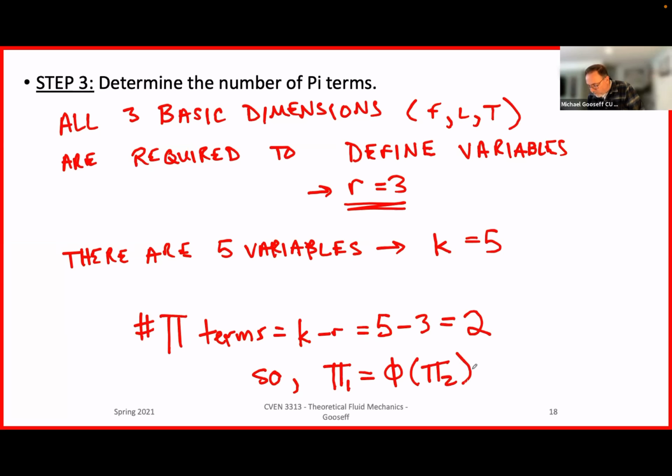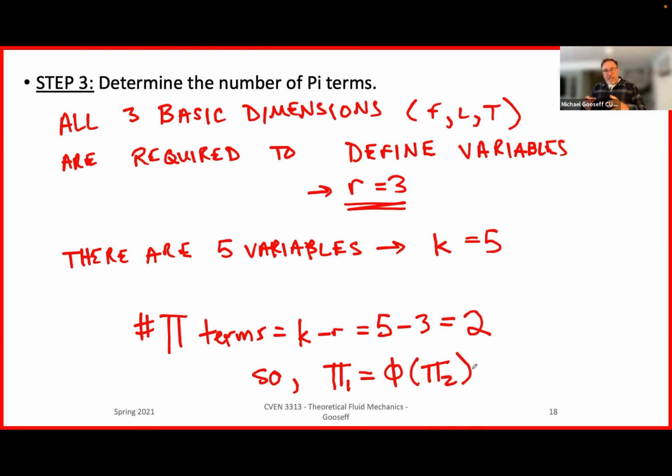Okay, so pi 1 and pi 2 are 2 dimensionless groupings, meaning we're going to use those parameters we wrote on the previous slide. And the rest of this process is to show you how that works. We're going to somehow combine them in ways that give us 2 dimensionless numbers, and we're going to relate them to each other. Whatever pi 1 comes out to be, some ratio or product of these parameters, we're going to go into a modeled system and measure the things that would give us that product.